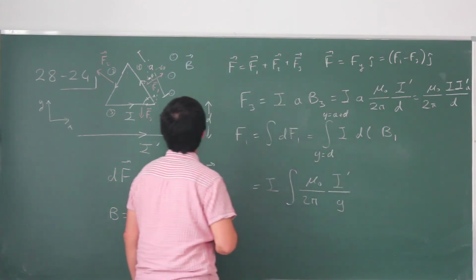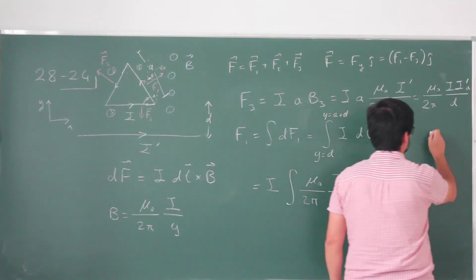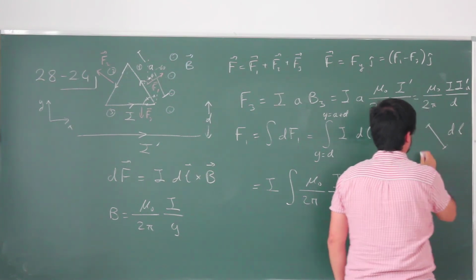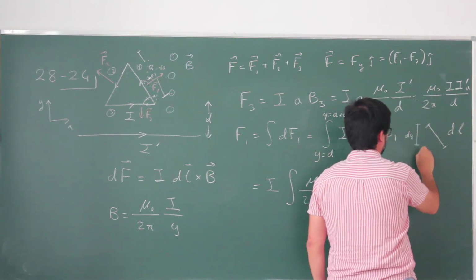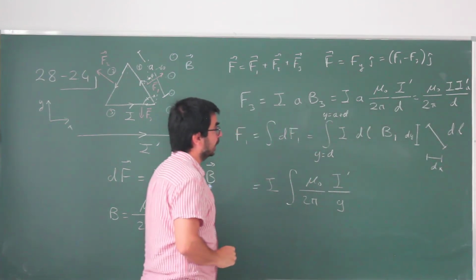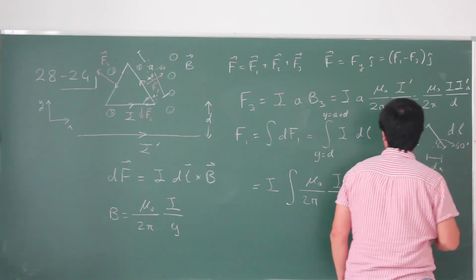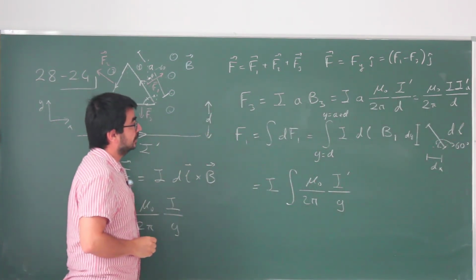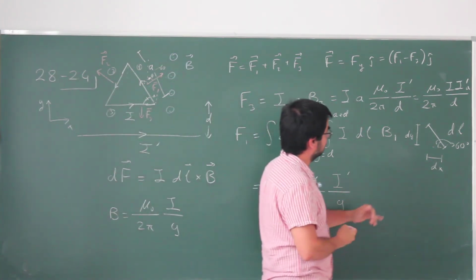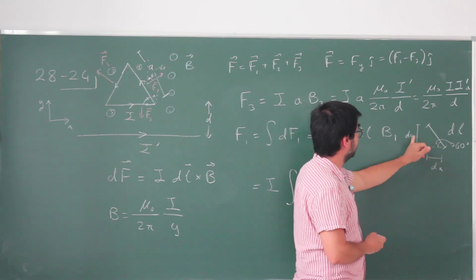And this dl I need to write somehow in terms of this y coordinate, and let's look at what this dl looks like. Okay, so this is my dl, so this corresponds to a change in dy as well as to a change in dx. And this angle is going to be 60 degrees for dl. That dl is just parallel to this segment of the equilateral triangle. So I can write that the sine of 60 is going to be dy over dl.